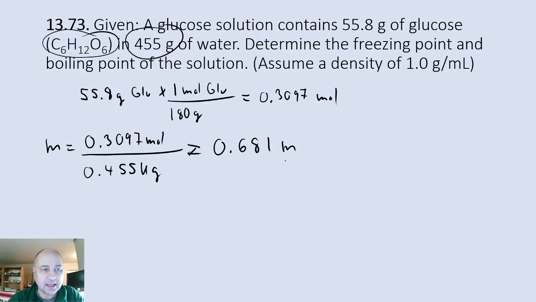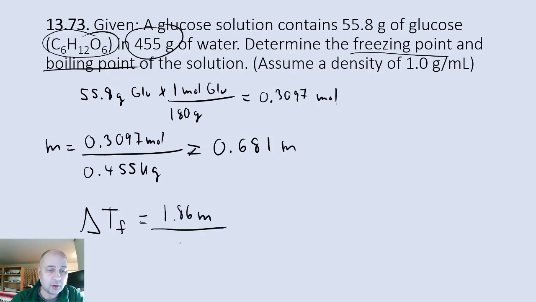and that gives us a molality of 0.681 little m. And then we are determining the change in the freezing point and the boiling point. So we have two calculations. Delta T for the freezing point, first of all, is going to be 1.86, that is of course degrees per molal, times 0.681.